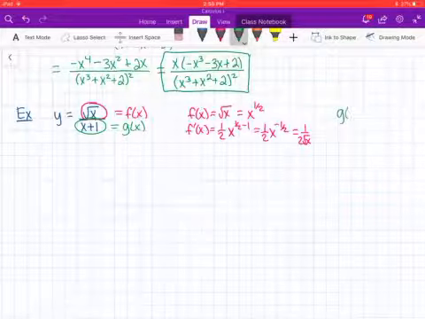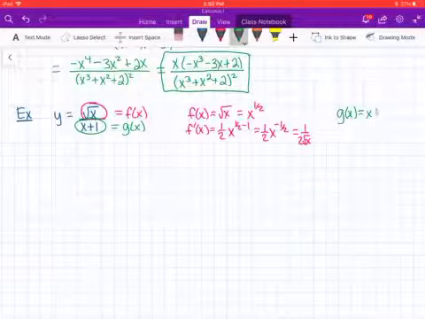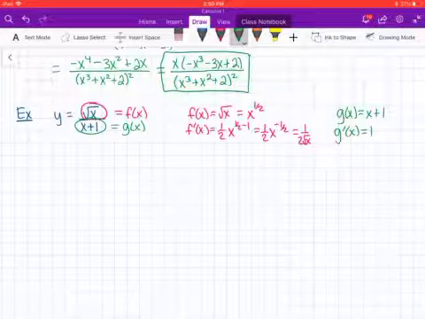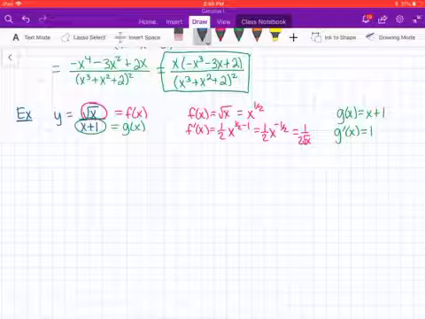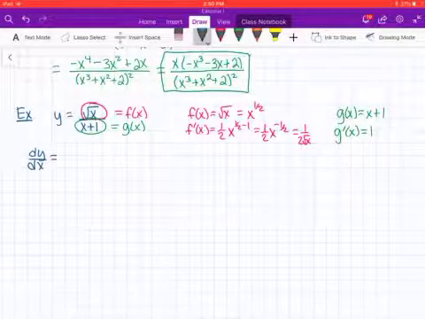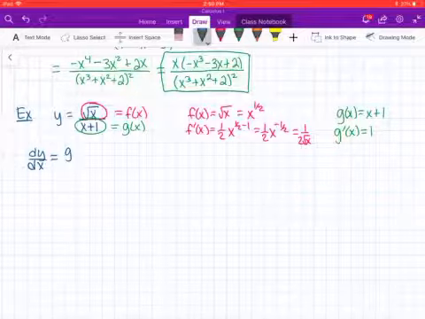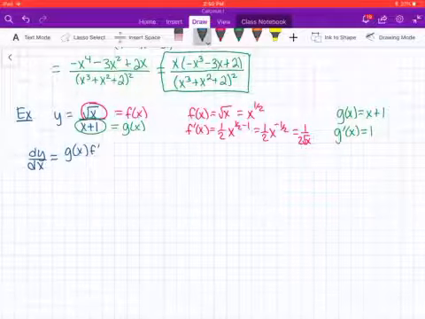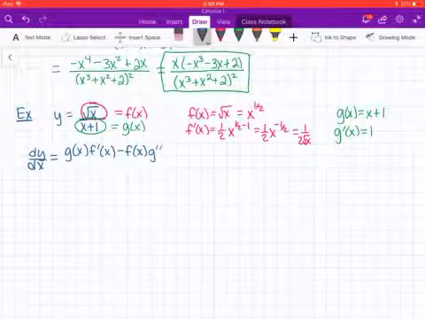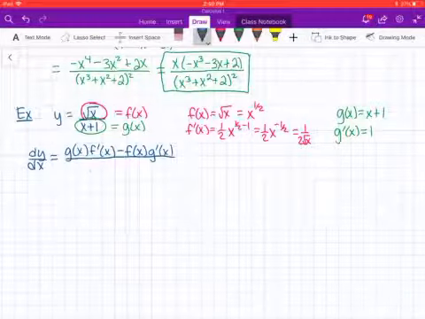Now we have g of x. It's x plus 1. The derivative of g of x is 1. So that's pretty nice. Okay, so let's take our derivative here. We know we got to use the quotient rule, so let's write it out. So it's the bottom times the derivative of the top minus the top times the derivative of the bottom all over the bottom squared.